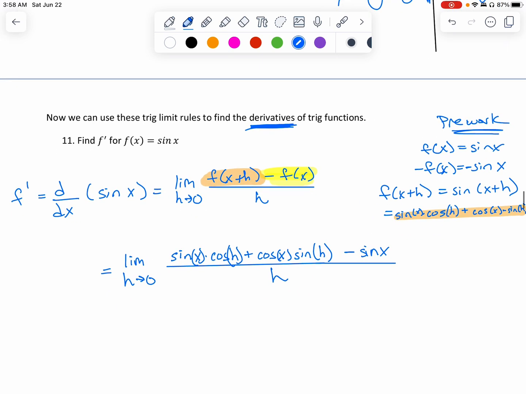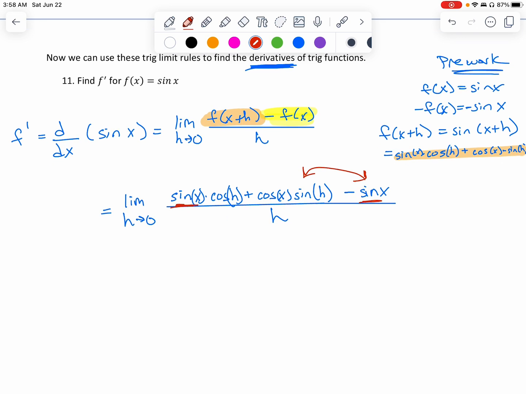To simplify this, we're going to start by switching the sine of x term, just switching those two terms so that I'll get my sine of x grouped with my other sine of x so I can factor those out. So my first step is to just change the order. So the terms with sine of x are together, which will make it easier to factor those out and single them out.